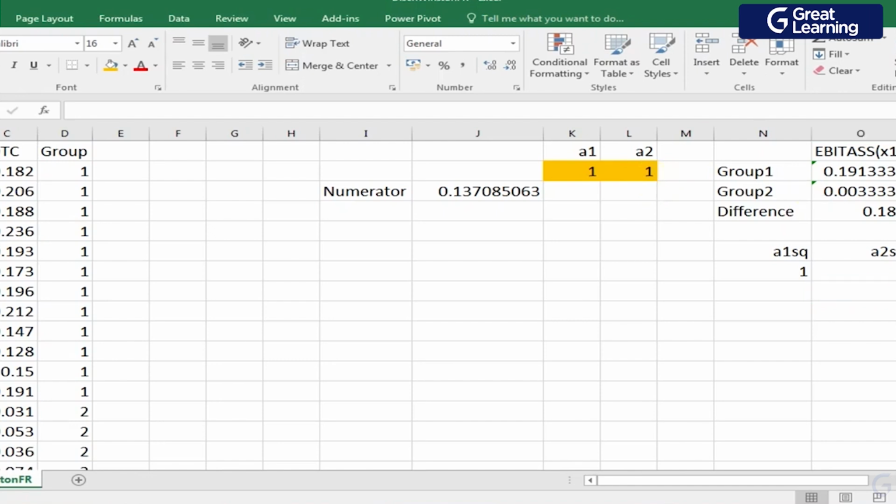What is 2A1 A2? It is equal to 2 star A1 star A2. So this is a multiplier I am going to use for calculating the variance and covariance.